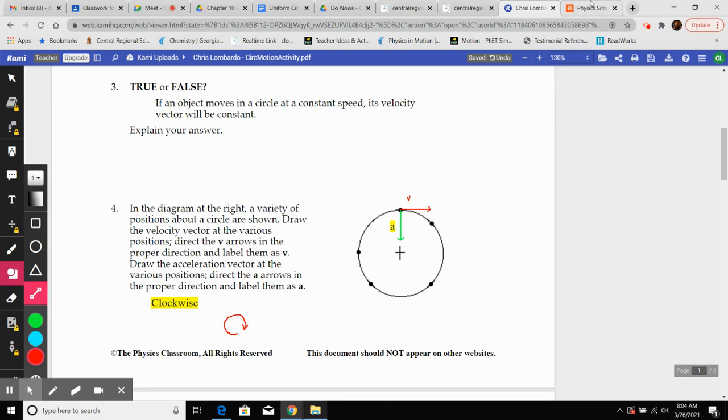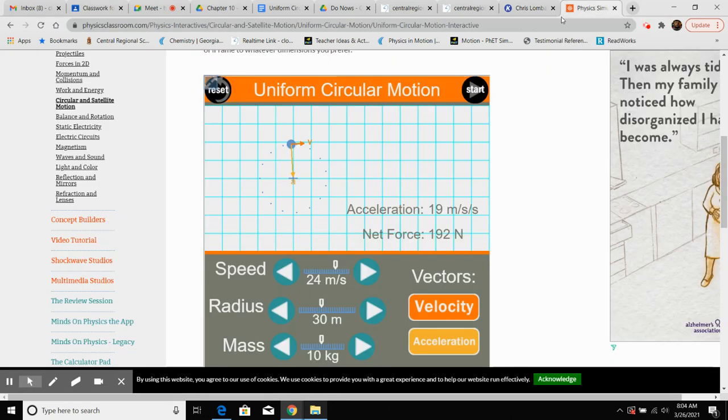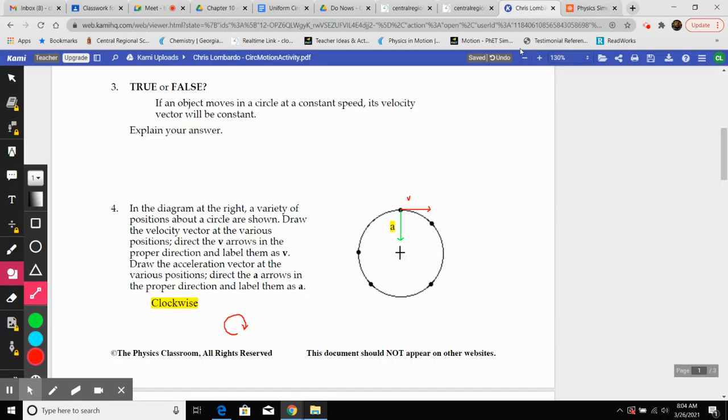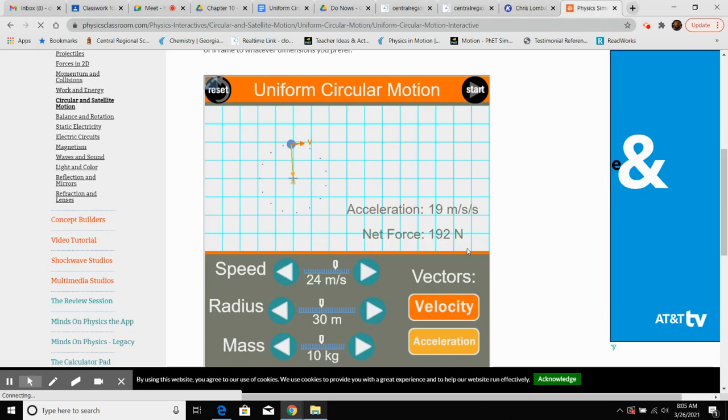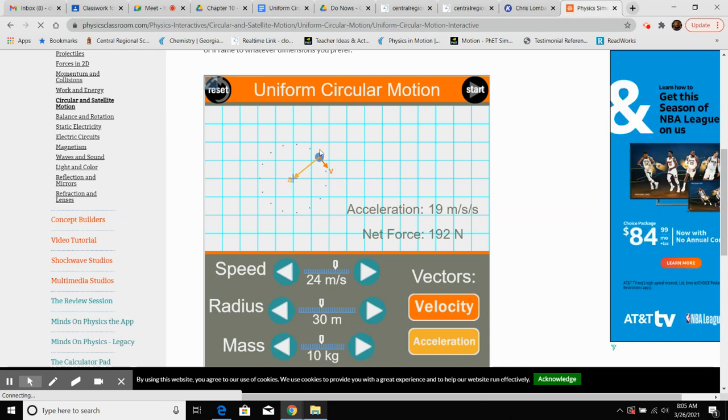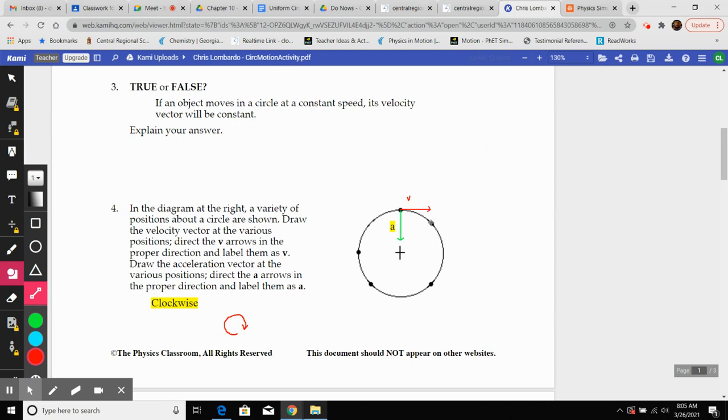So the next velocity vector should look like what? It looks like this is approximately at 2 o'clock on a dot. So let me see if I can get this to, it's close enough. So this is what it should look like. Again, acceleration pointing to the center, velocity tangent.